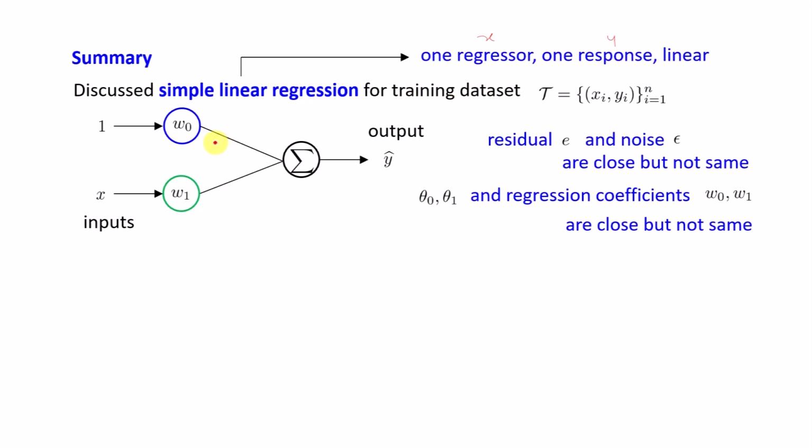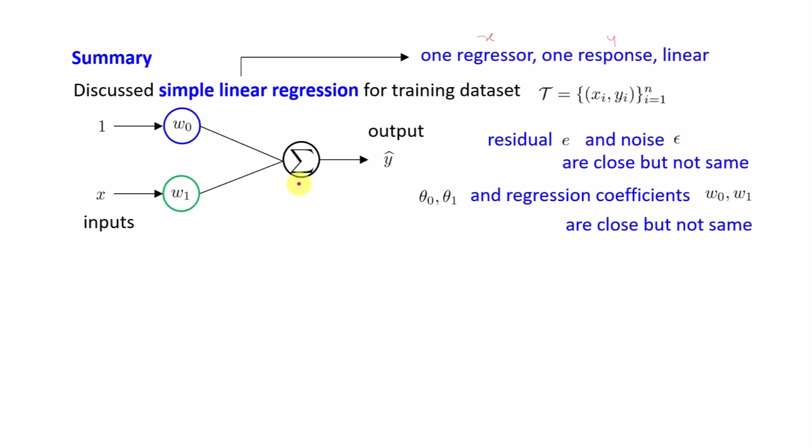The regression analysis, what we just did, can be shown schematically like this: there is an input X and another input, 1, coming to this node, and this node is multiplying them with W0 and W1 respectively. Then they are put together in this machine where they are summed up. The output of this machine is my output.